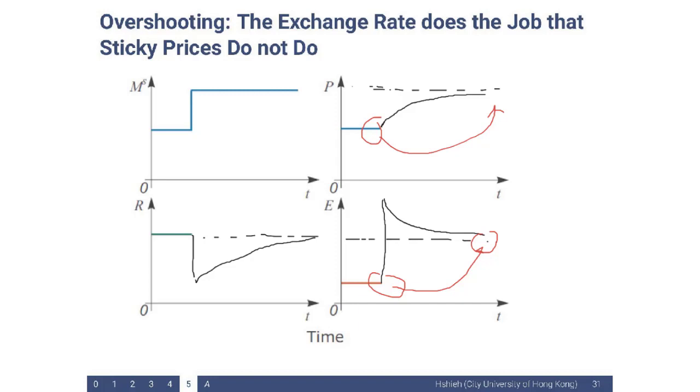So what we should expect as we transition from the short run to long run, however, is that price levels should follow the direction in the change of money supply. So what we should see over time is price levels slowly increasing by at least the same amount in which money supply increased. That's our transition from short run to long run.